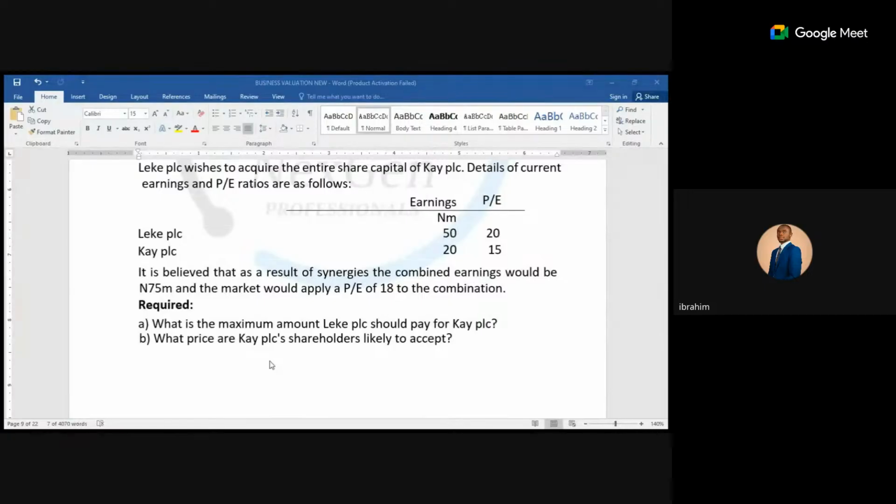Just like the way we normally do, the market price equals the PE ratio times the earnings. But this is value, class, the market value. So what KPLC will accept is based on the market value of the company, what they are worth, the value of the company.